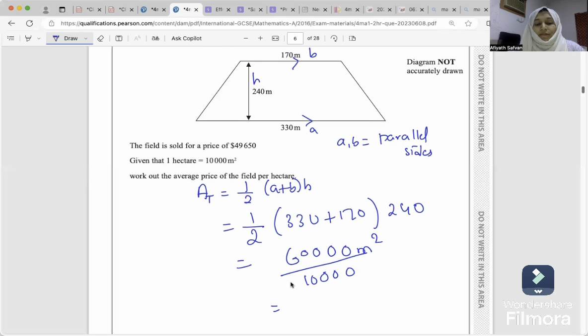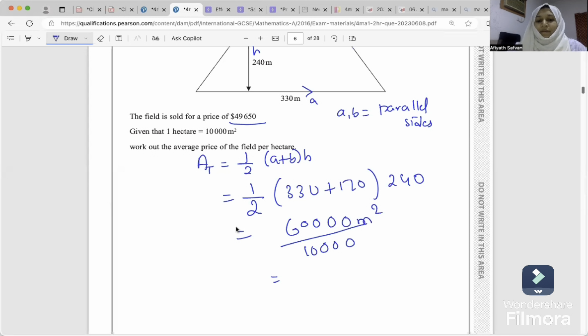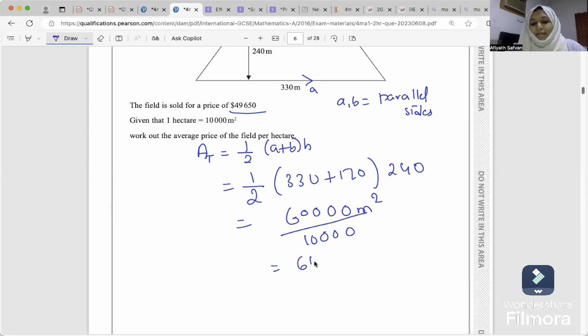So the field is sold for a price of $49,650. Given that 1 hectare is 10,000 meters square, work out the price per hectare. Therefore we are going to get 6 hectares. The conversion is already given in the question.